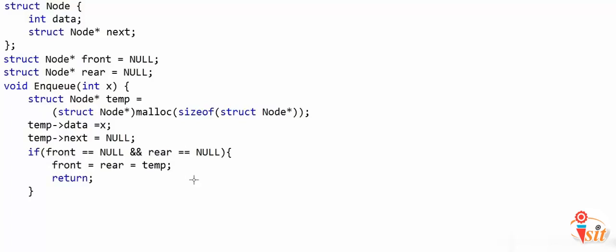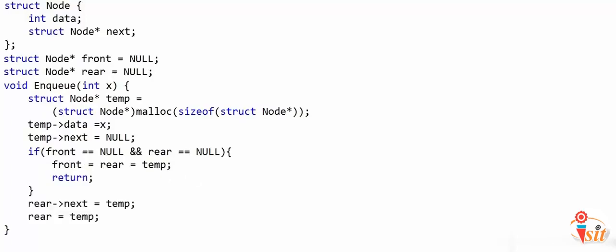We will simply set both front and rear as the address of this new node being pointed to by temp, and we will return or exit. Else, because we already have a pointer to the rear node, we will first set the address part of the current rear as the address of this newly created node, and then we will modify the address in the rear variable to make it point to this newly created node.